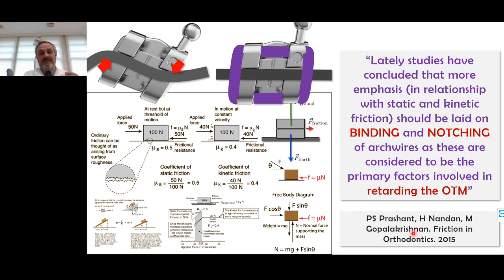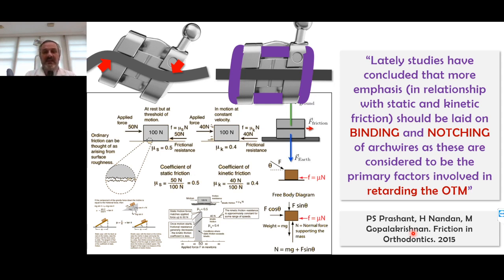For this reason, it's very important to understand our biomechanics. Remember that the most important in relationship with the friction is the binding and the notching. The notching is the deformation, the out of shape of the new wires, especially the beta 3 titanium wires, the gunmetal, and the new titanium niobium wires.